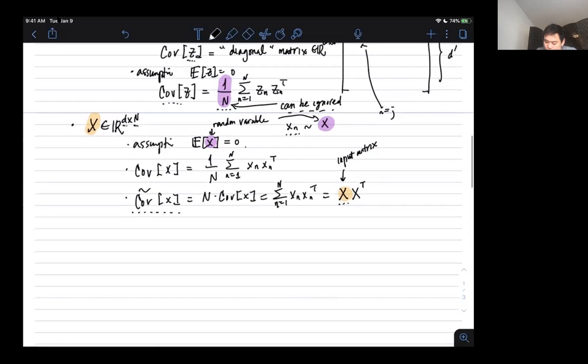So once we start looking at this scaled covariance of the X, PCA could be thought of as decorrelating this scaled matrix.